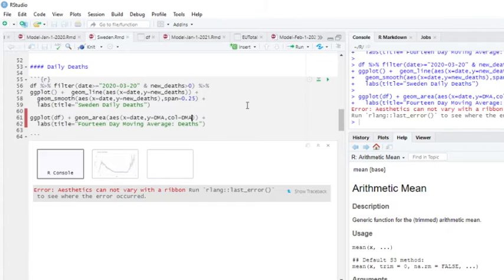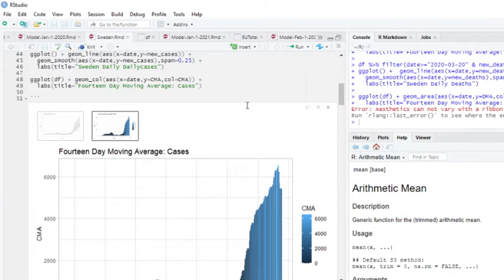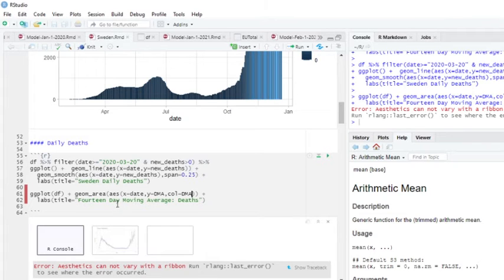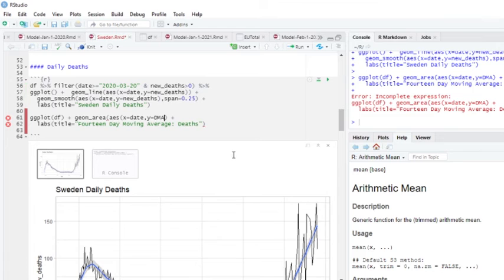Now, what's wrong here? Not really sure why this one doesn't work, so we'll just get rid of it for the time being. Okay, there we go. Incomplete expression. There.